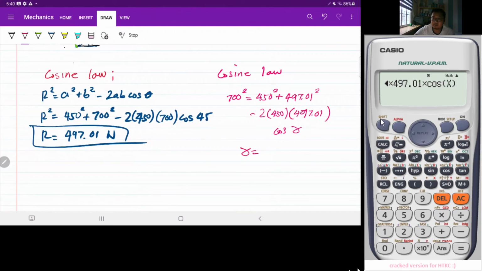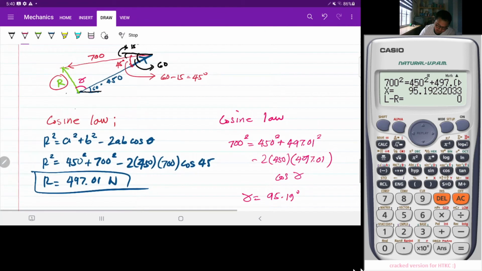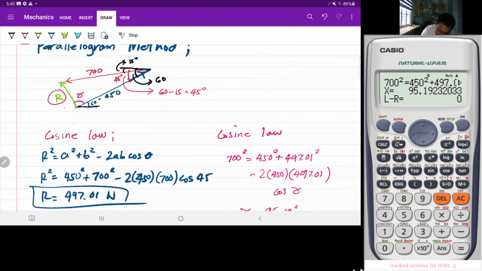So shift solve. So gamma is 95.19. Okay? So this gamma is just this, no, this angle.